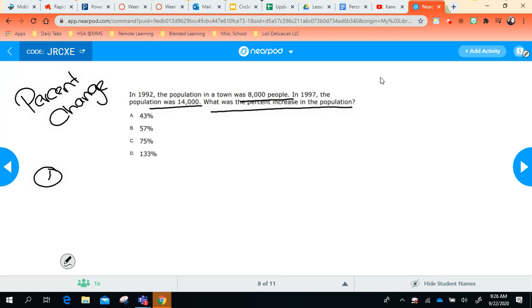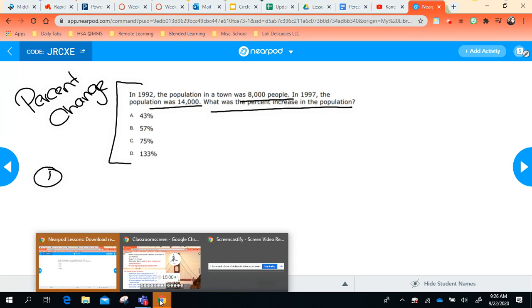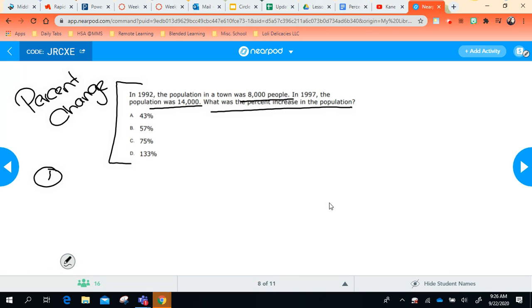Those of you at home, the whole word problem should be written down. Remember, you want at least one example of each in your notebook. That way, when we get to the quiz, you have something to come back to and look at to make things easier on you.